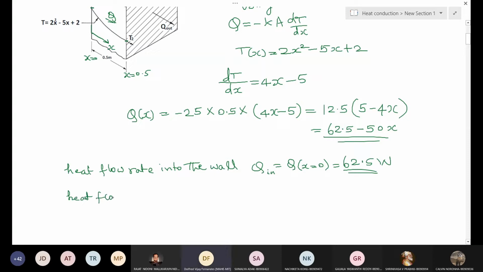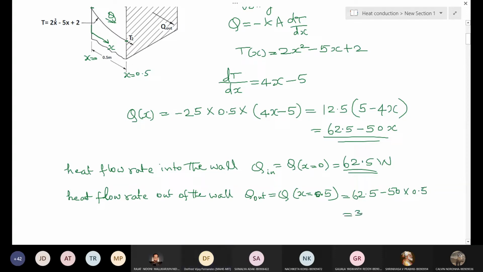Heat flow out, Q at x equal to 0.5, we have 62.5 minus 50 into 0.5, that is 25. So that should give you 37.5 watts.